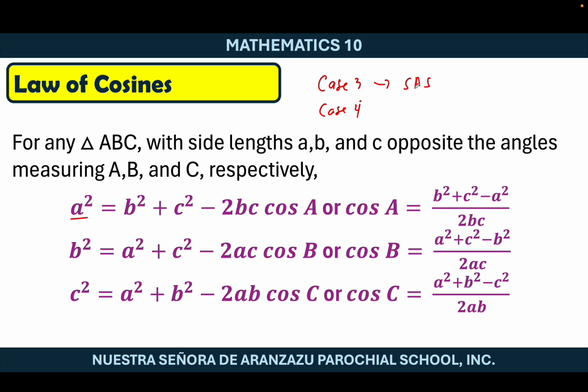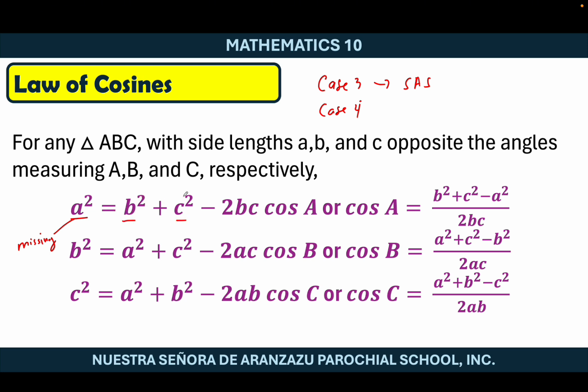Wherein, ang given mo dito is 2 sides and 1 angle. Wherein the 1 angle is in between of the 2 given side. So, kung si A ang missing, then, basically, yung dalawang given na side is yung other side na hanapin natin, which is yung B and C.